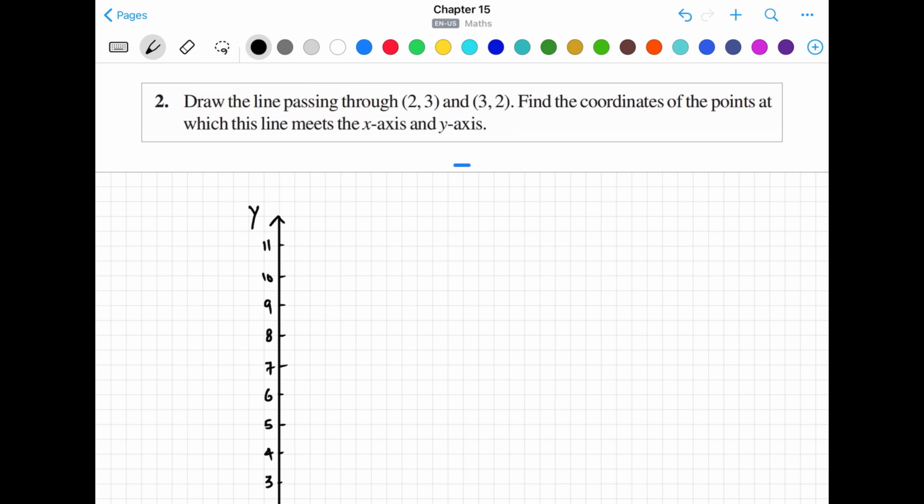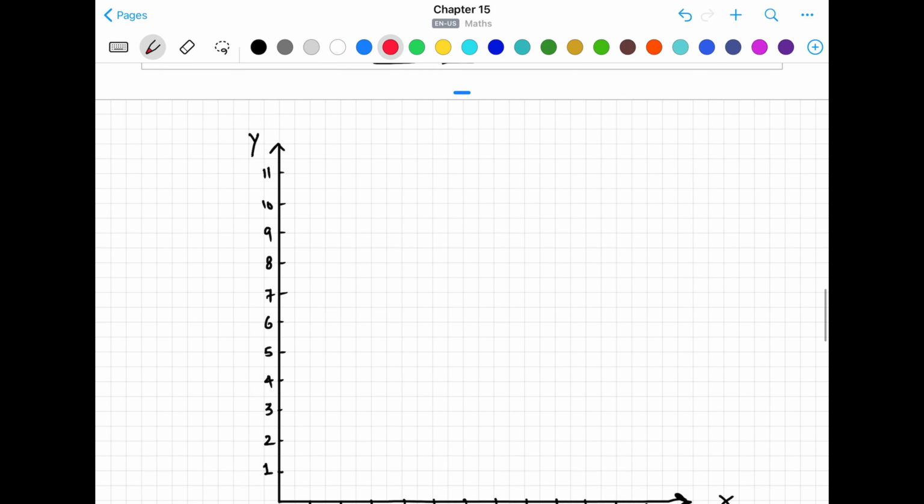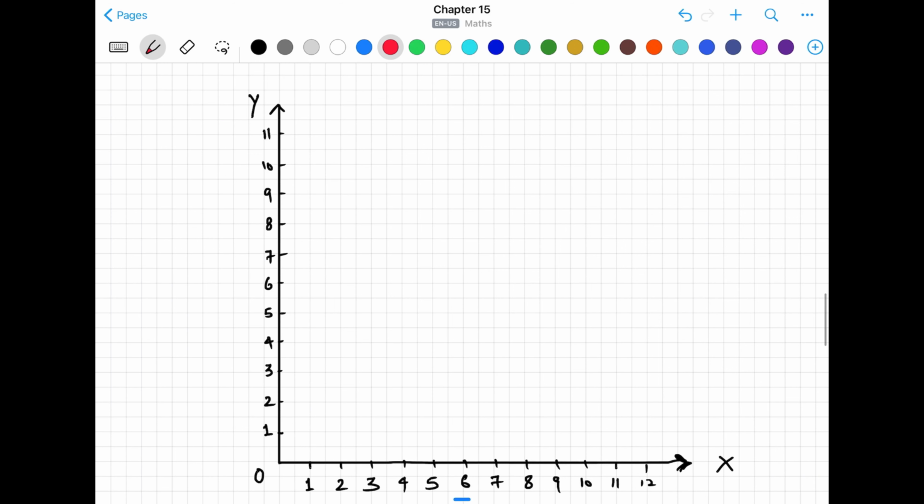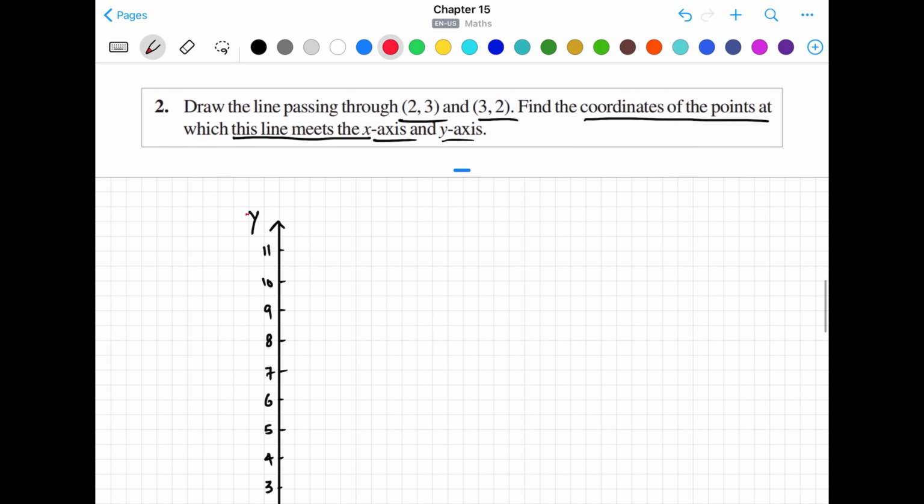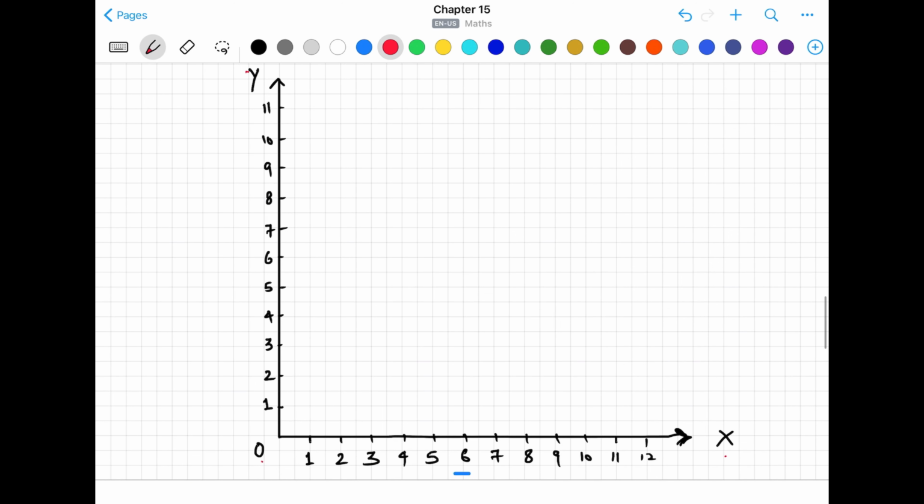We are given, draw the line passing through the points 2, 3 and 3, 2. Find the coordinate of the point at which this line meets the x-axis and y-axis. So first we have to mark both the points on this coordinate xy plane. Again I have marked two axes, x here and y here, and we have the origin. First point is 2, 3.